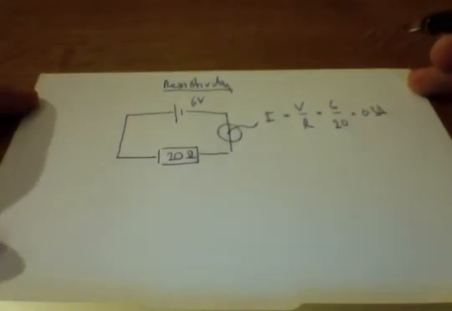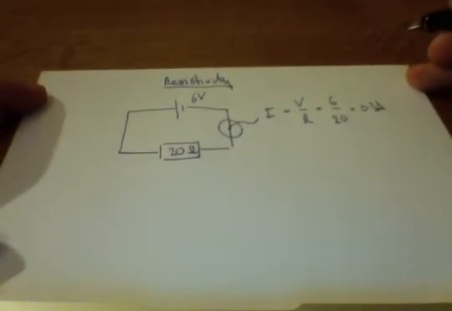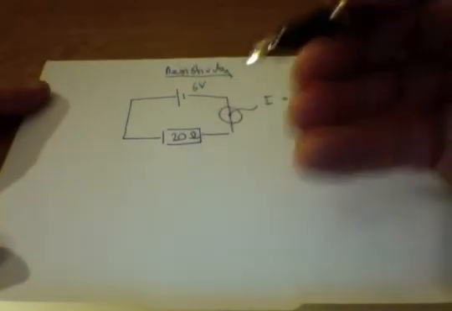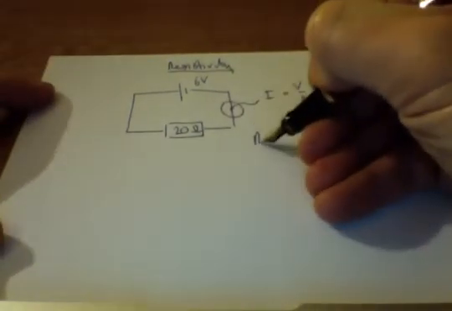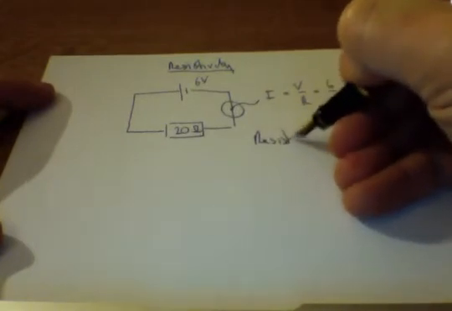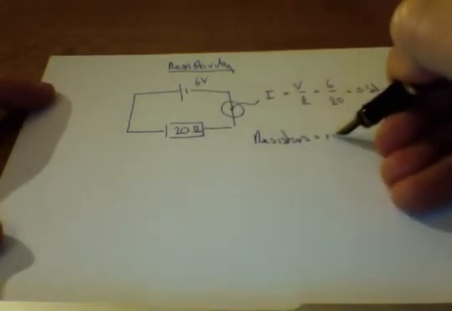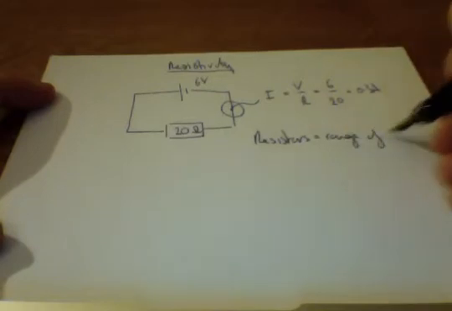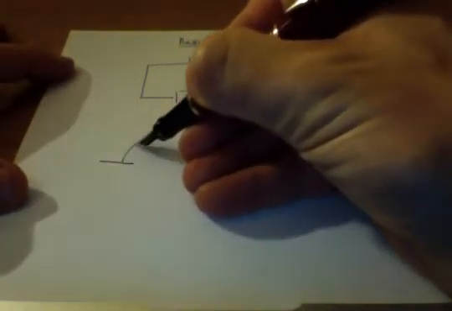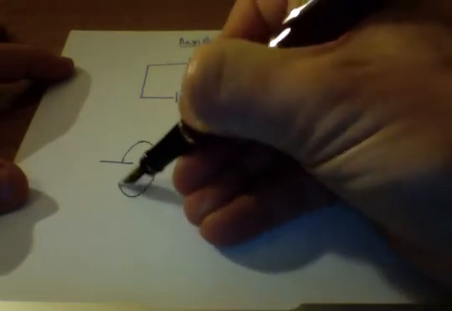Great. Now, of course, resistors have a range of values, and the range of values can be determined by certain factors. If we imagine to ourselves that we have a piece of wire, and I'm going to just increase the size of this piece of wire.